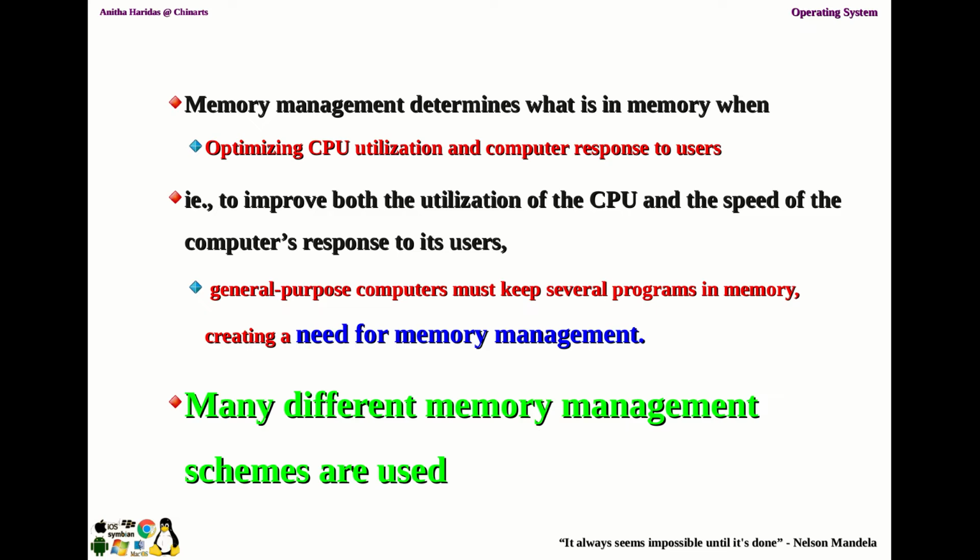When it has more than one program in the primary memory, you need memory management schemes managing the memory, right? Which partition is to be allocated to which program. So you need a proper memory management scheme. We have different memory management schemes available for managing the memory in an efficient manner.